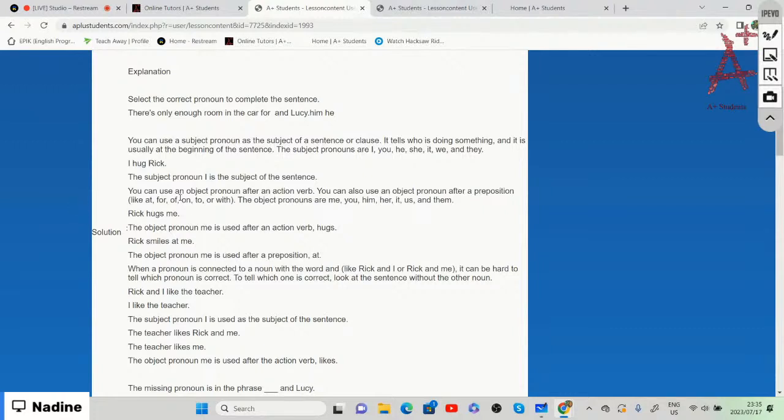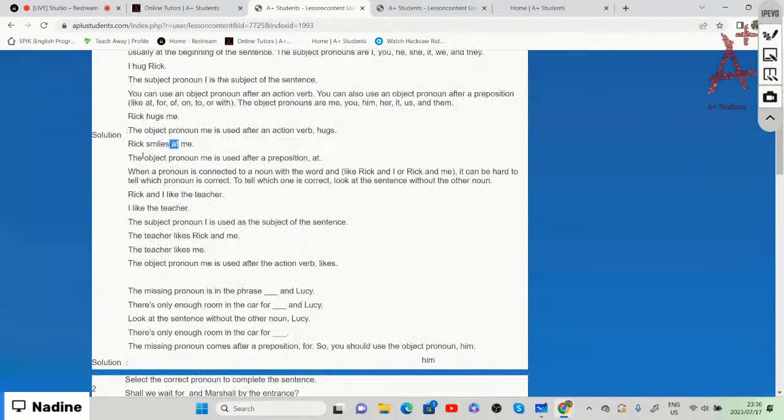And there we have an example. Rick hugs me. So me is the object pronoun, right, which comes after the action verb, right, which is hugs. Then we have Rick smiles at me. So me being the object pronoun, which is followed by the preposition at.